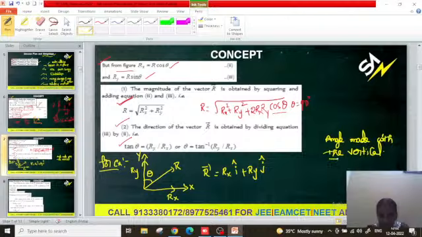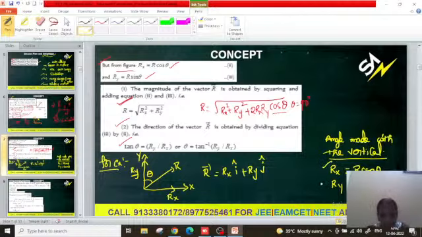Now that vector R bar is making angle theta with the vertical, so Rx will be equal to R sin theta, Ry will be equal to R cos theta, because Ry is adjacent to the angle and Rx is opposite to the angle.